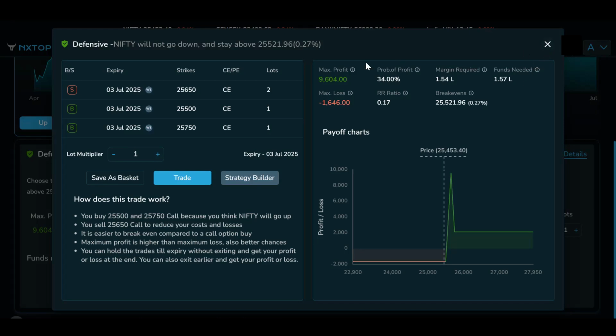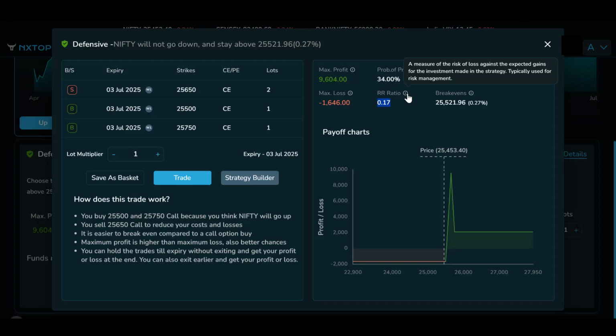You can also see the probability of profit, that is around 34%. Risk reward ratio is around 0.17. If you need more clarification, the details are given here. If you click on the icon button, it tells you what this risk reward ratio means.